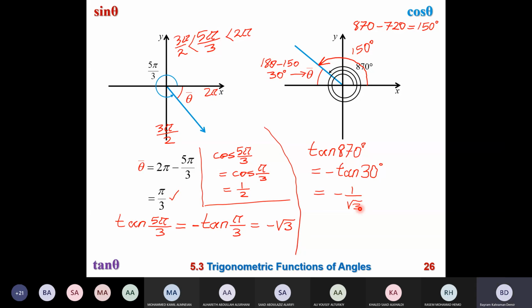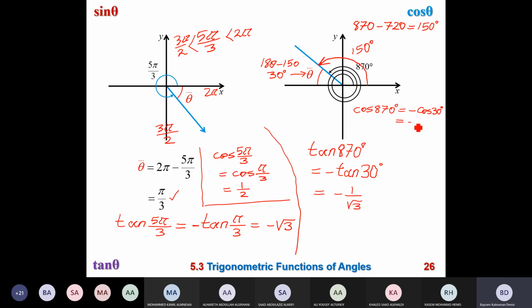Okay, Shabab, is it clear? Maybe another one. Let's see, cosine maybe. Cosine of 870 equals negative or positive? What do you think, Shabab? Negative. Negative cosine of the 30 degree reference angle.